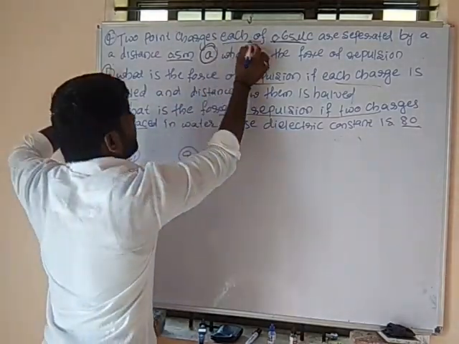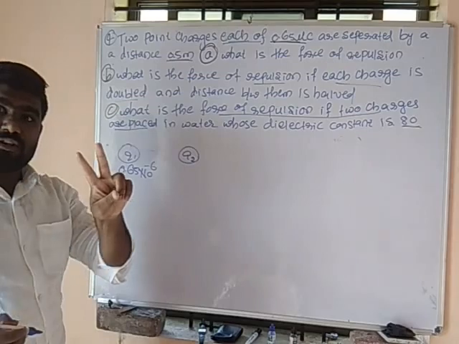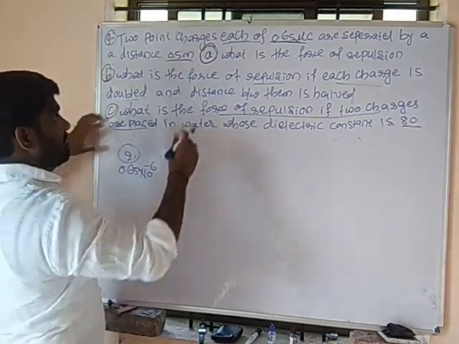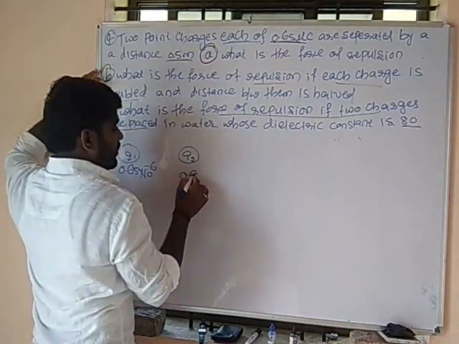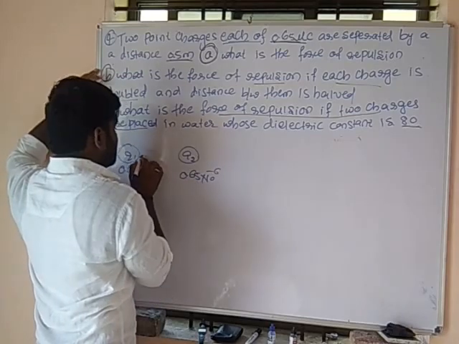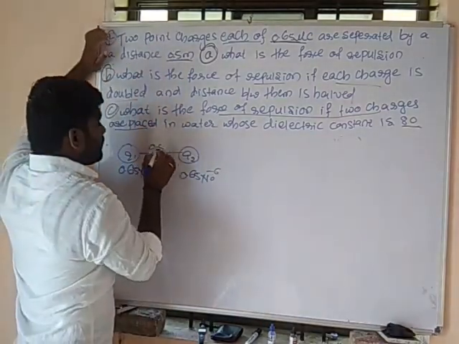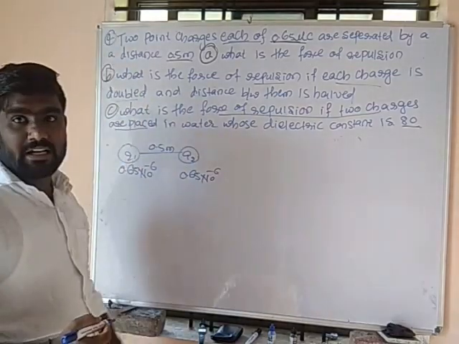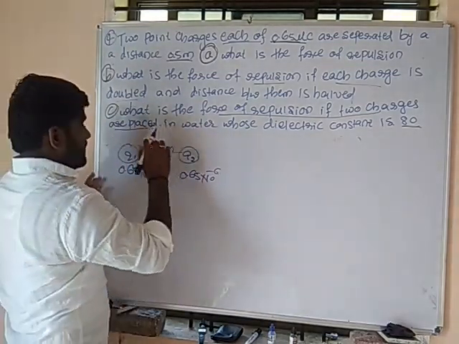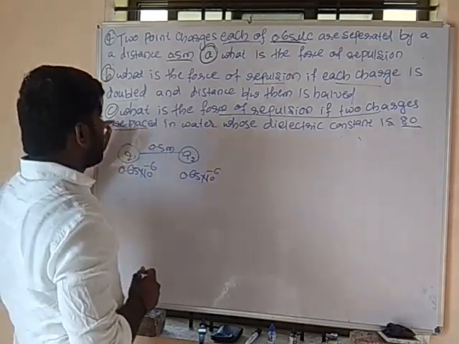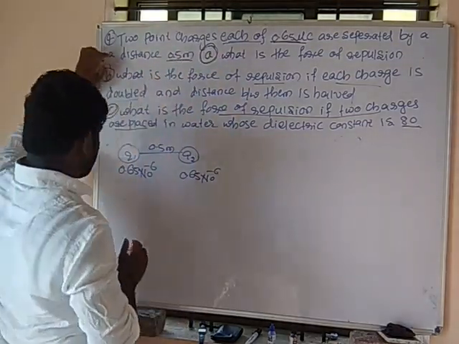He has told each of, which means both have the same quantity, also 0.65 into 10 to the power minus 6, separated by a distance of 0.5 meter. First of all, what is the force of repulsion?